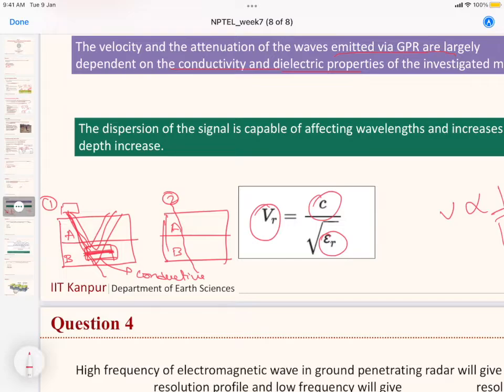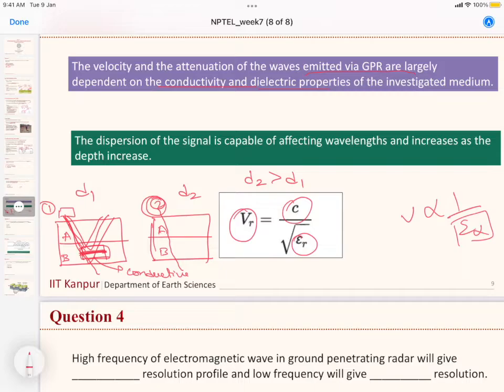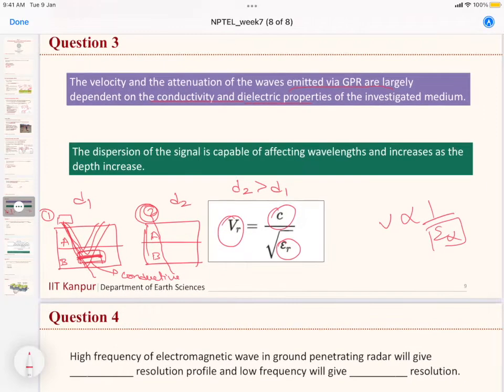So if I mark the depth of penetration as D1 here and D2 here, D2 would definitely be greater than D1, because in this second scenario we don't have any conductive body. Is it clear to you? Okay. So remember, this kind of logical question can come in any exam.